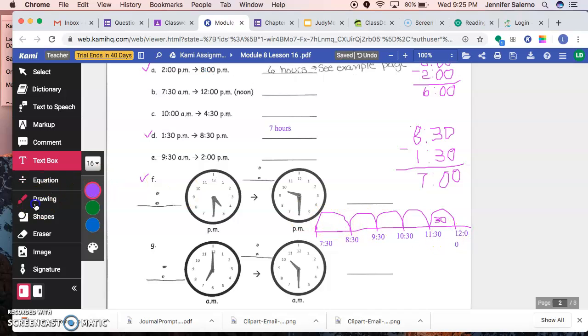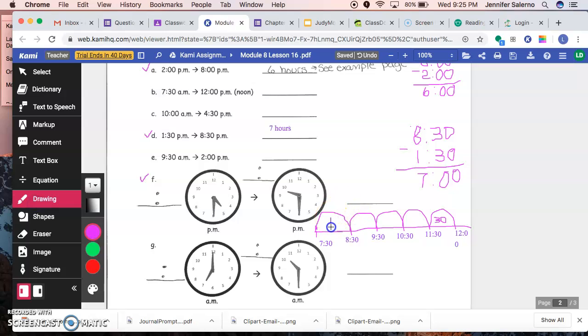Okay? So now I'm going to count these. These are all my hours, right? So all of these are 1 hour each. So let's count how many. 1, 2, 3, 4 hours and 30 minutes.